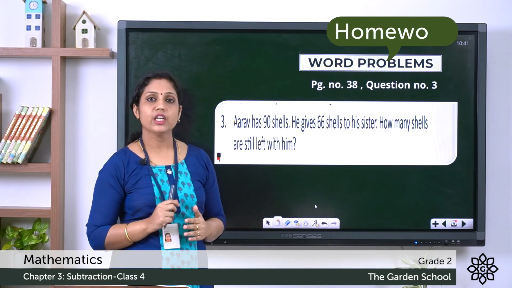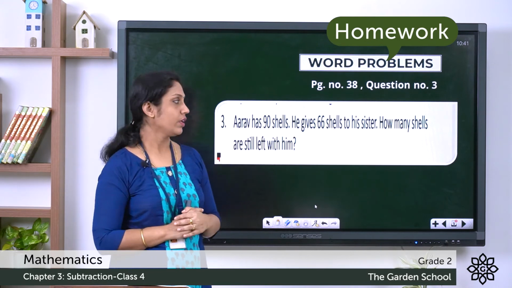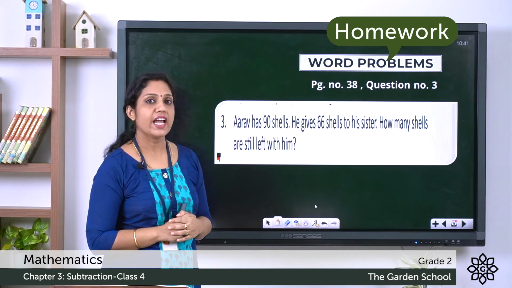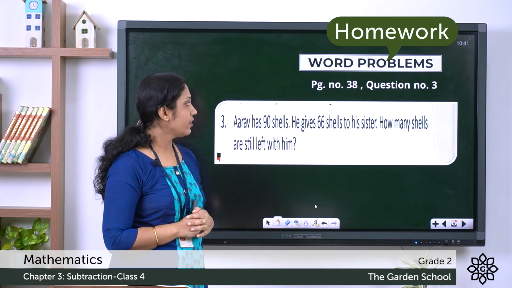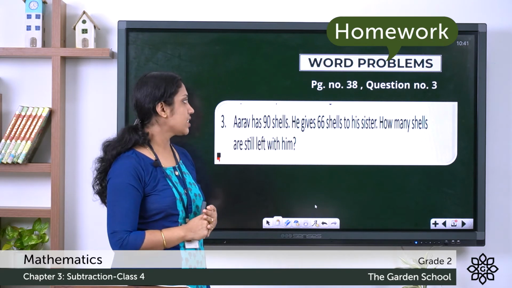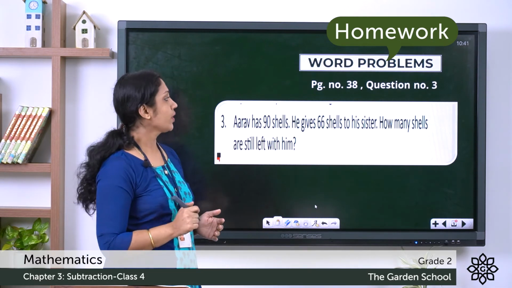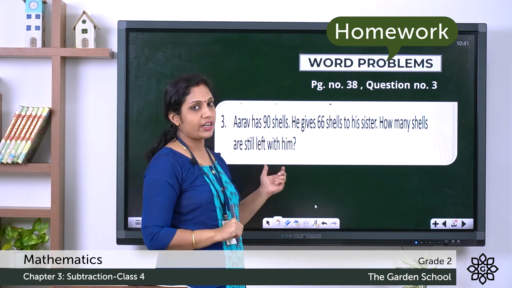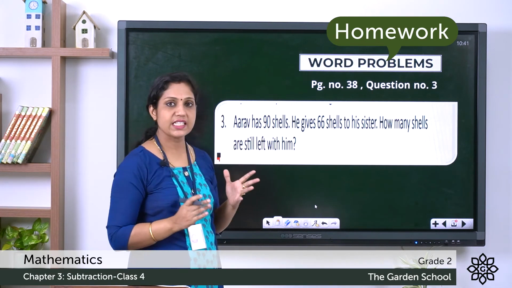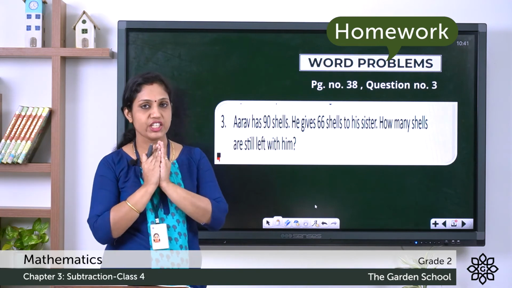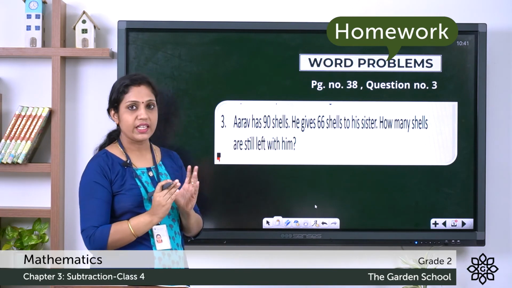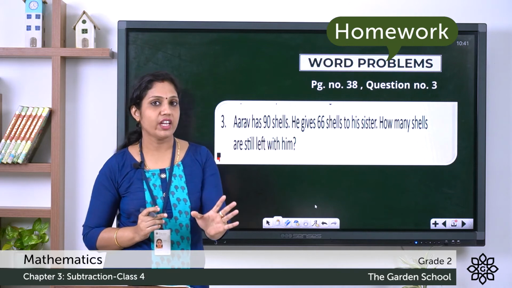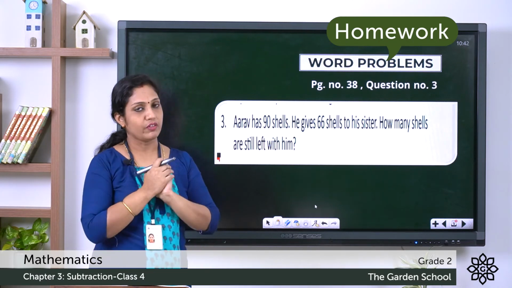Page number 38, question number 3. Arnav has 90 shells. He gives 66 shells to his sister. How many shells are still left with him? So, how many shells does Arnav have? He has 90 shells. Out of that, 66 he gave away to his sister. What do we have to find out?